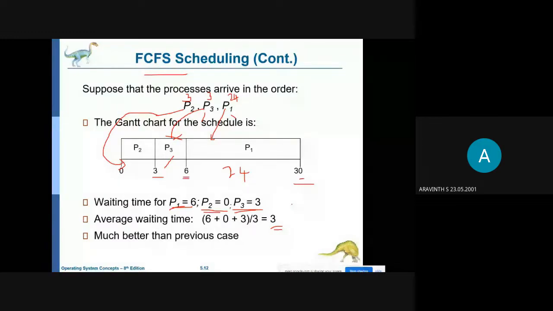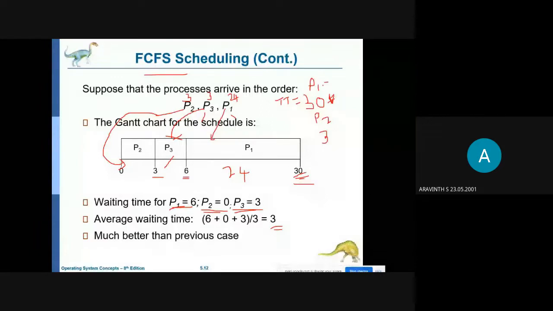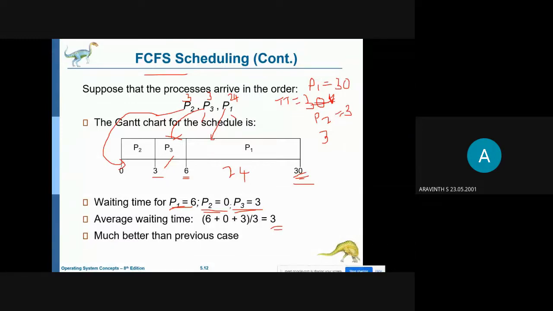Then you need to find the turnaround time. In any order you can take, P1's turnaround time is 30. P2's turnaround time is 3.